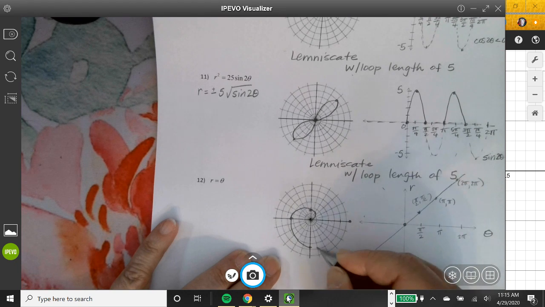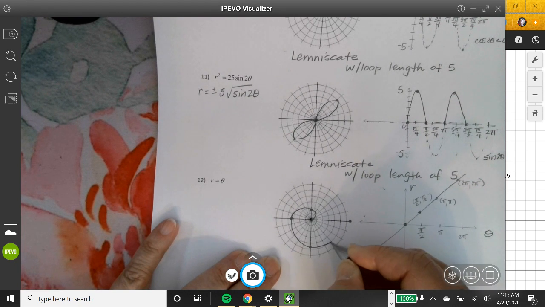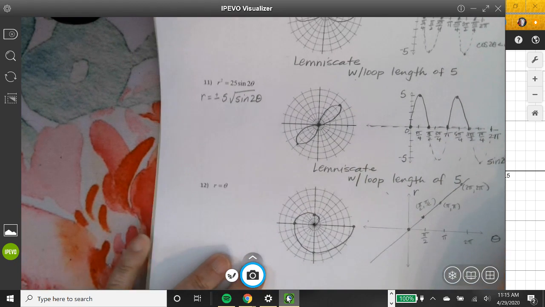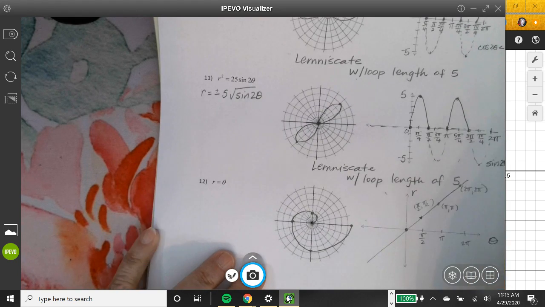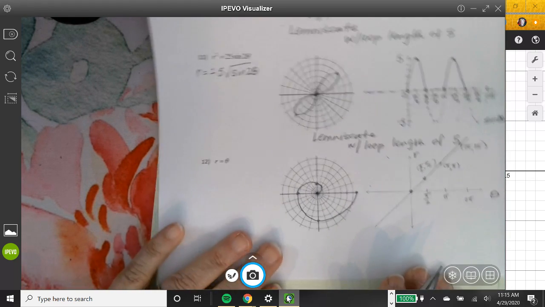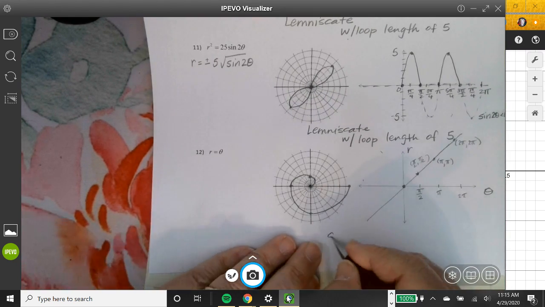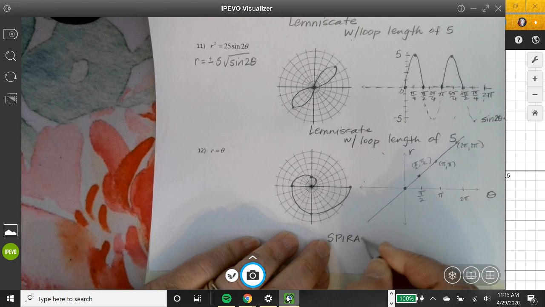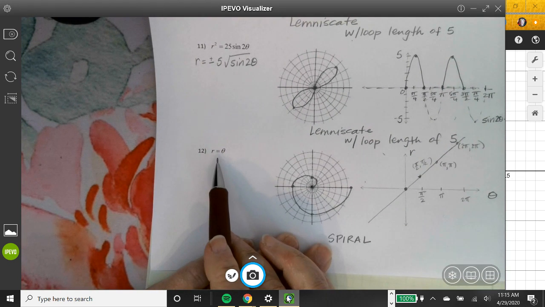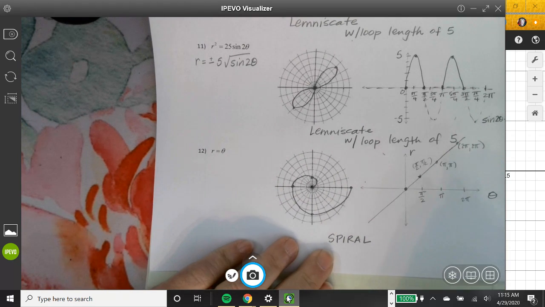So we're going to put that out here. Well, Mrs. Muller, you're spiraling out of control. Yes, I am. Yes, this is a spiral. So if you have r as some kind of function of theta without a sine or a cosine, you're going to have a spiral of some sort, which is kind of cool.